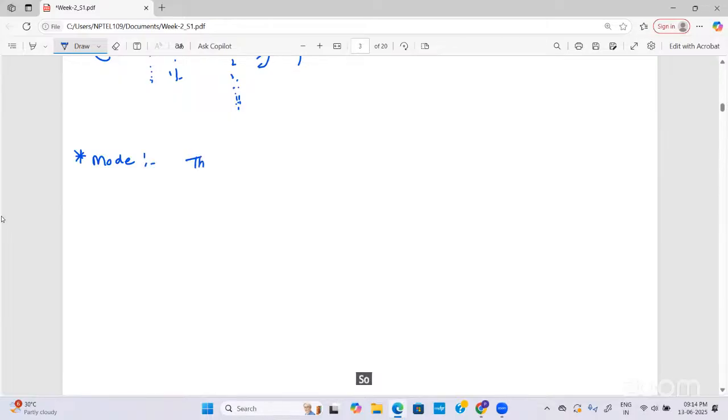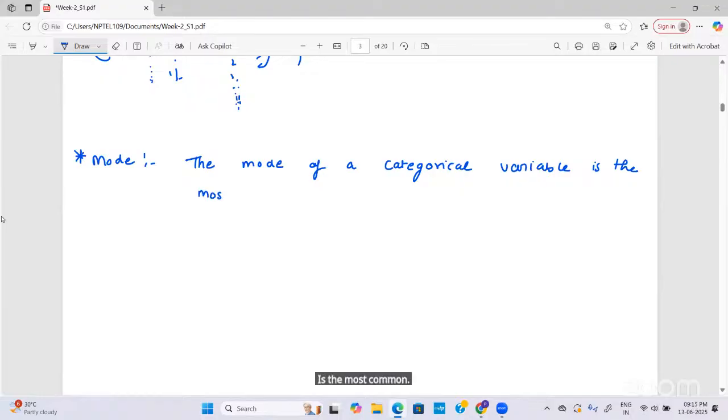So the mode of a categorical variable is the most common category, or we can say the category with highest frequency.